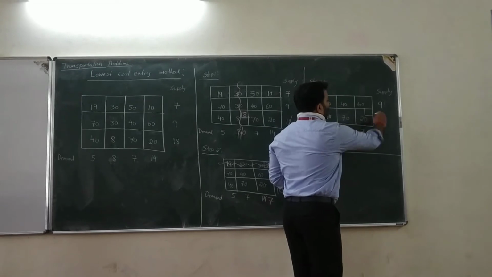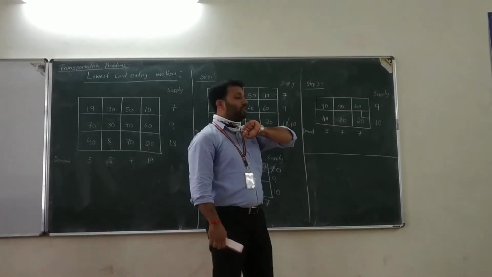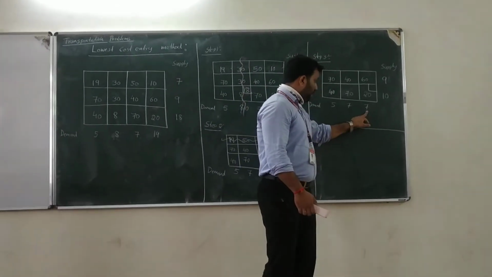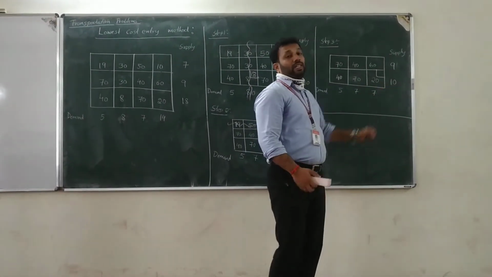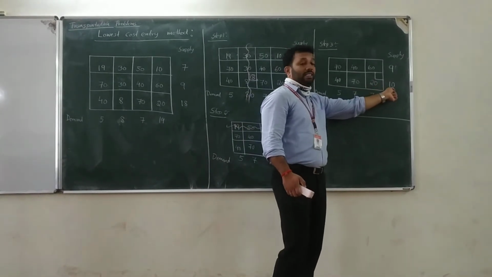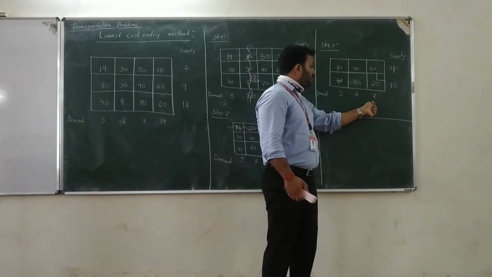Now I am going to allocate to that particular position. How can we make the allocation? Here the demand is 7 and the supply is 10. So I have excess supply of 3 units, and I can completely fulfill the demand of 7 units.